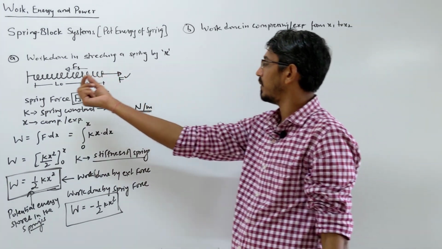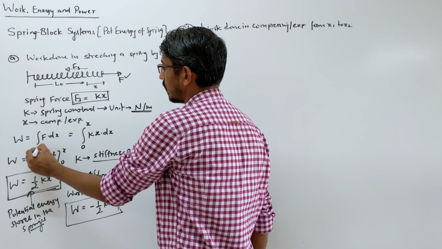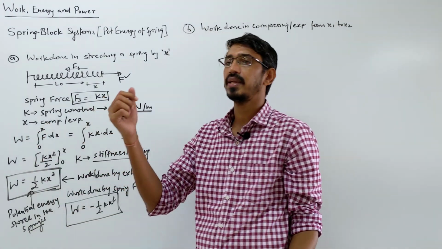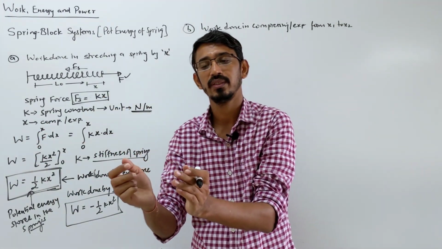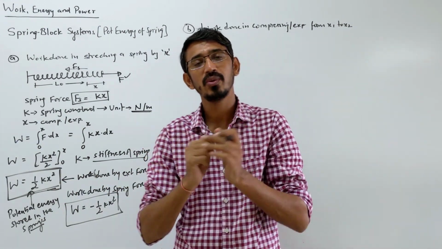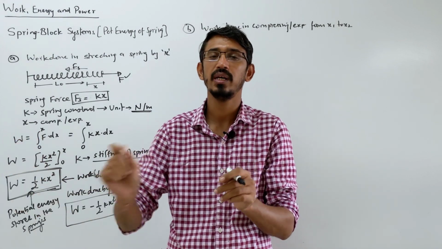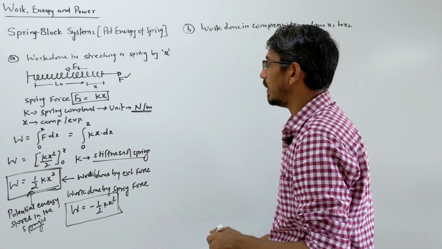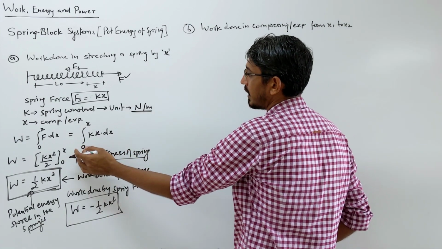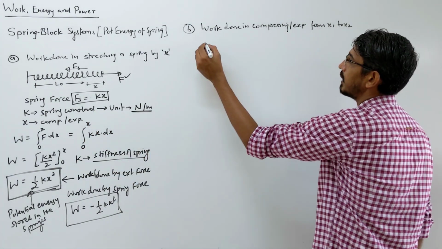Like here, we are going from 0 to x. Here they are saying the spring is already expanded by x1, and you want to reach, let's say the spring is already expanded by 2 centimeters, but I want to go up to 5 centimeters. So going from 2 to 5, how much work do you have to do? In the same formula, just write x1 here and x2 here.